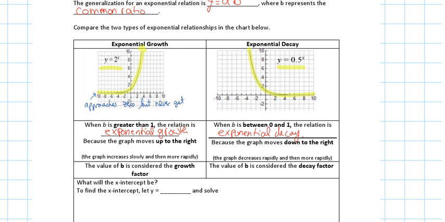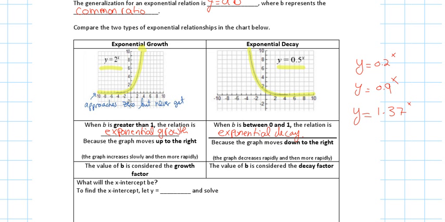No matter what the base is, it could be 0.2. If you have y equals 0.2 to the power of x, that's a decay. If you have y equals 0.9 to the power of x, it's a decay. But the minute the number is greater than 1, like y equals 1.37 to the power of x, that is a growth.